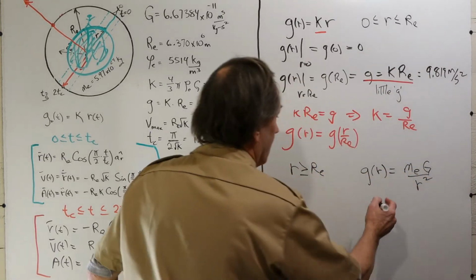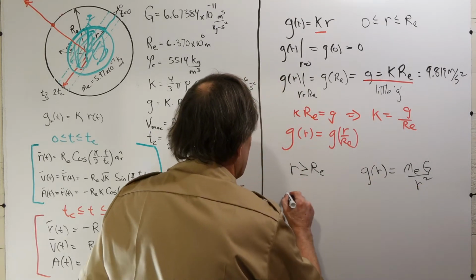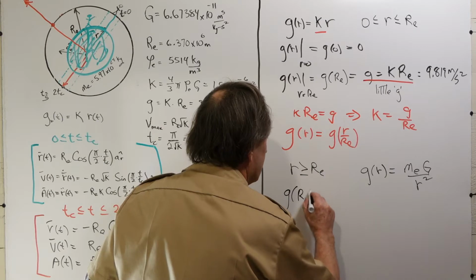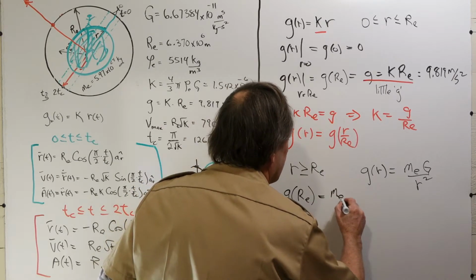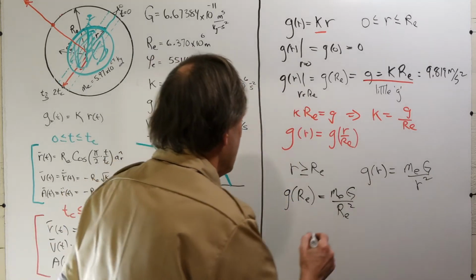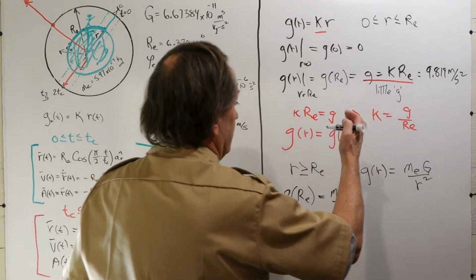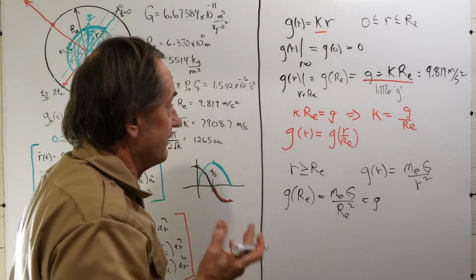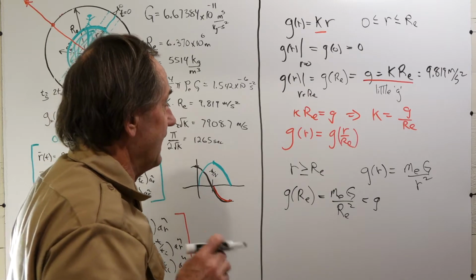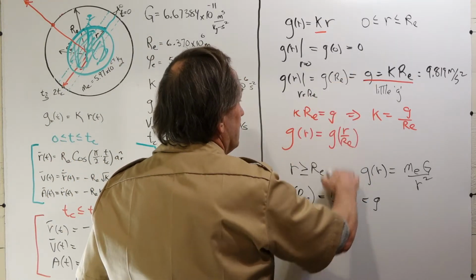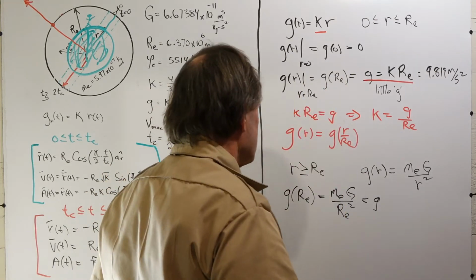Therefore, if we evaluate this at R equals RE, we have g at RE is equal to the mass of the Earth, big G over RE squared, and we know that it also has to equal little g at the surface, the gravitational acceleration at the surface. So the two equations meet and match up right at the surface.